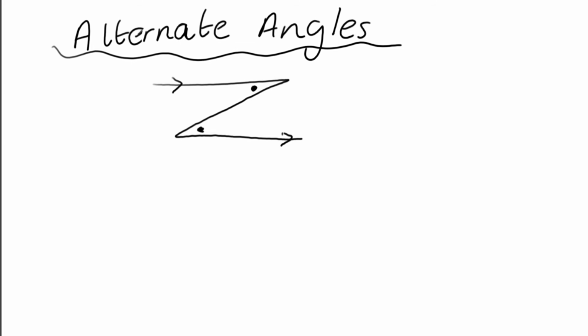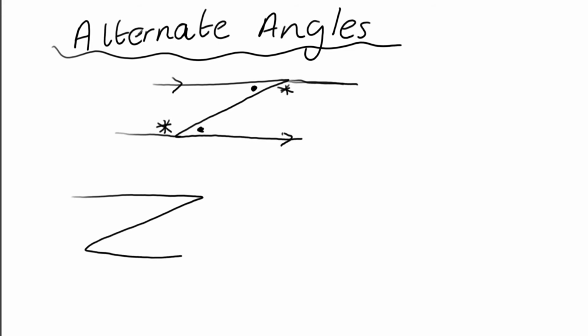If you were to extend the Z, let me extend the line a bit, and down here as well, then the 2 angles beside each other will add up to 180 and they will match down below as well. Let's do an example. If this is 30 degrees in here, this would also just be 30 degrees. Remember, they have to be parallel.